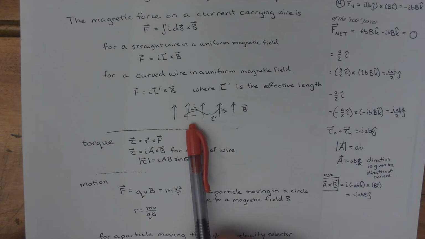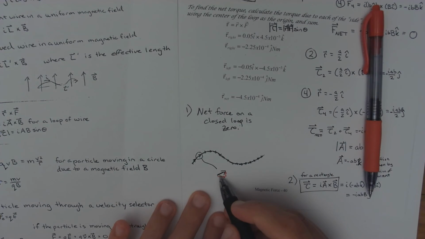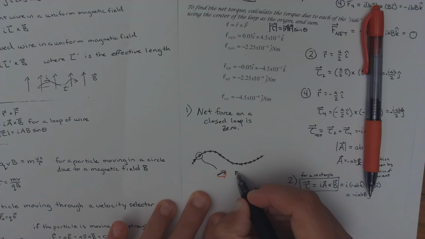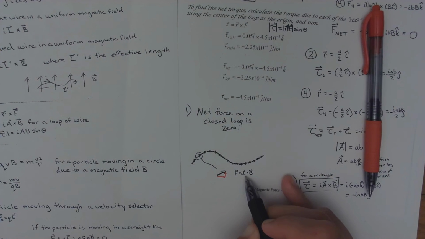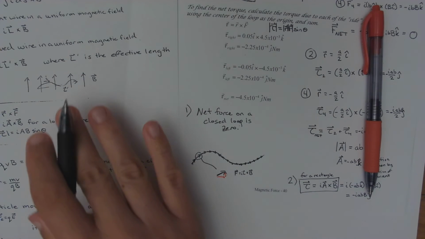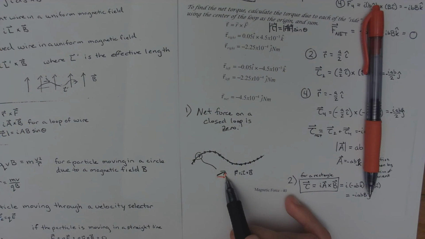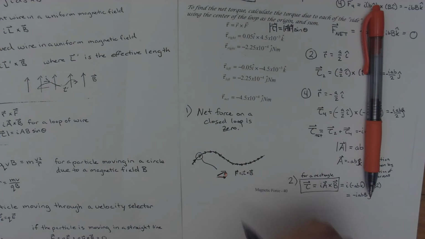But if the magnetic field is going upward, for the cross product, remember, this piece is a straight piece, so for that piece I can do F is equal to IL crossed with B. This component is going in the same direction as the magnetic field, so this doesn't give you anything. Well, it gives you 0. So the only part that matters is this piece here.